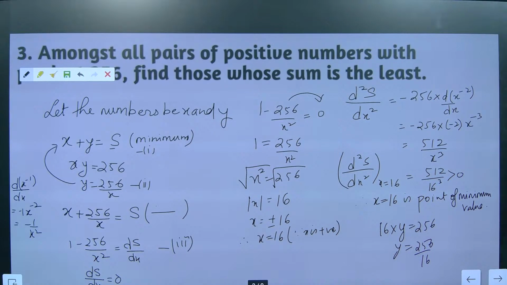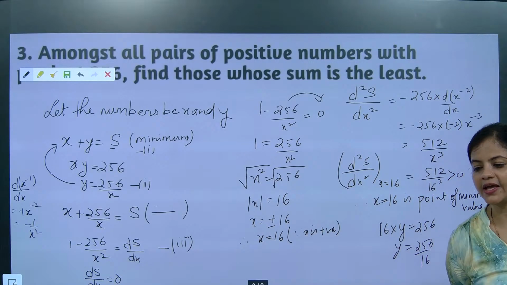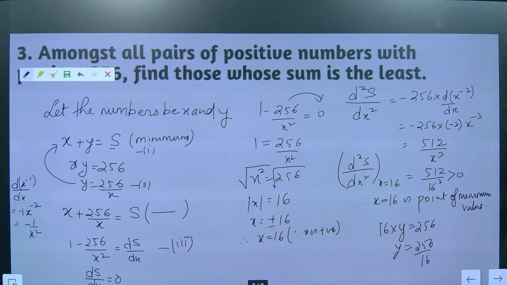Check. 256 divided by 16, what is the answer coming? 16 only? Yes, the answer is correct. Both will be 16. That time only you are getting the minimum.